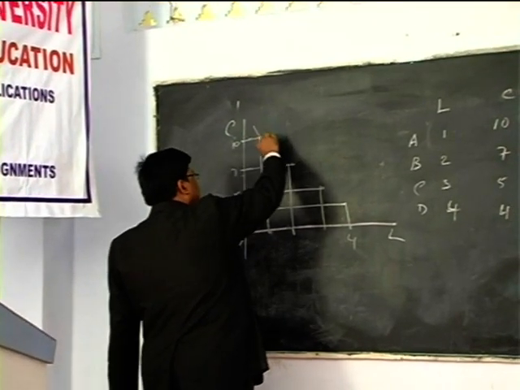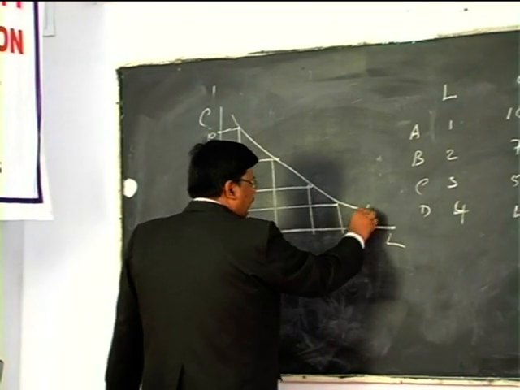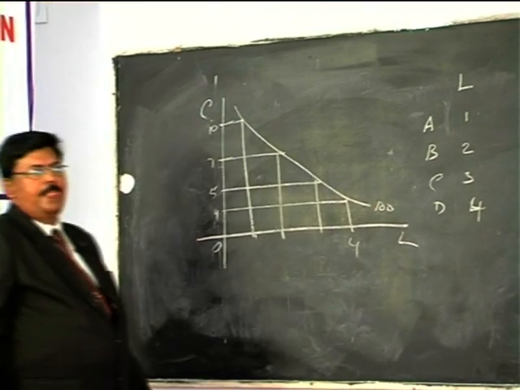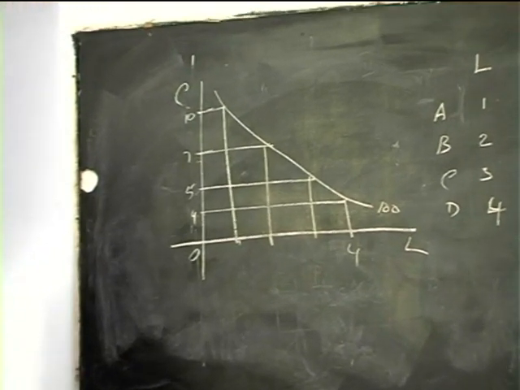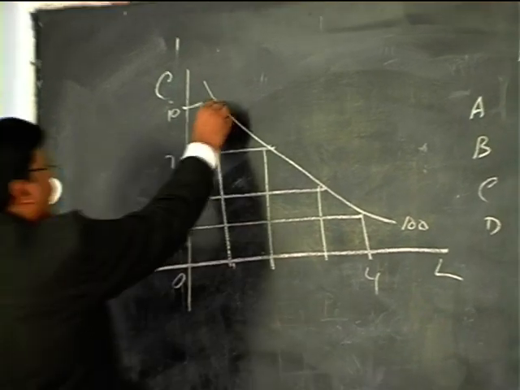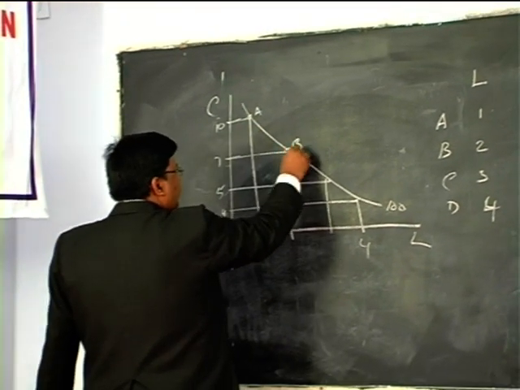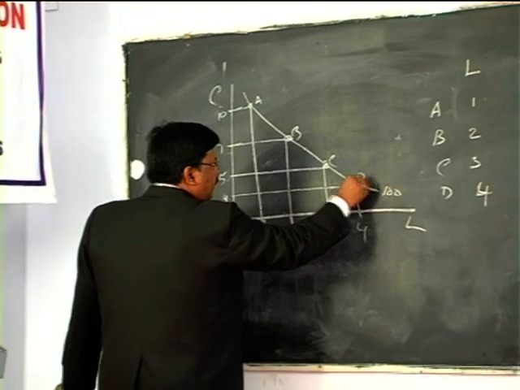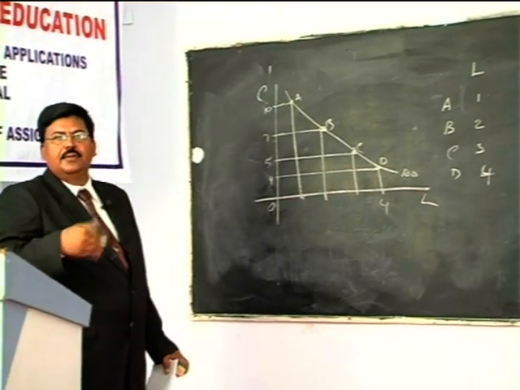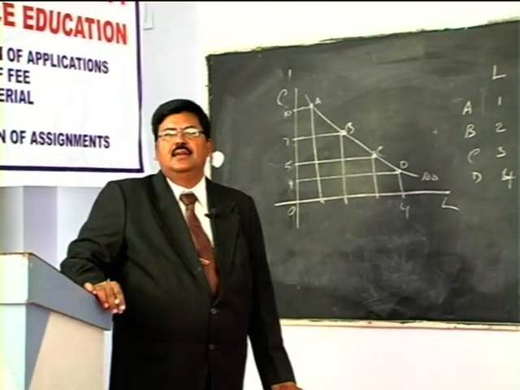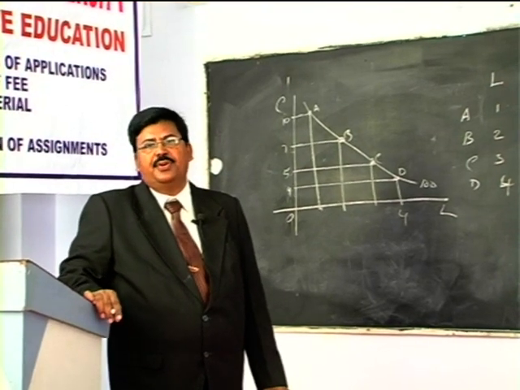And this is an isoquant for 100 units of output. If we connect the points A, B, C, D, by connecting these points we will get an isoquant for 100 units of output.